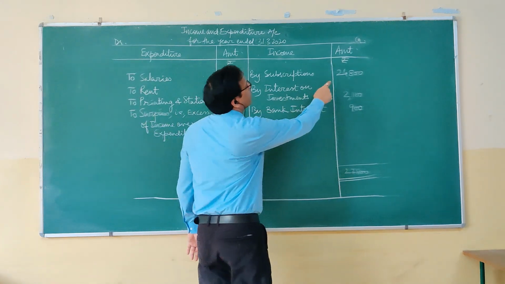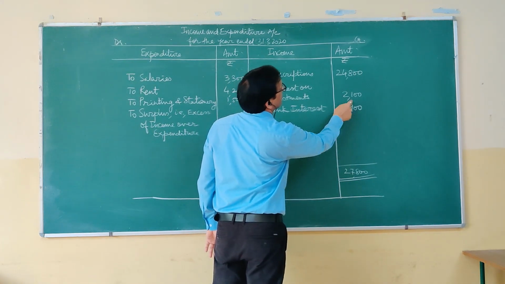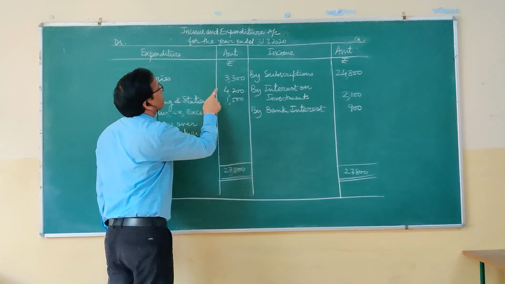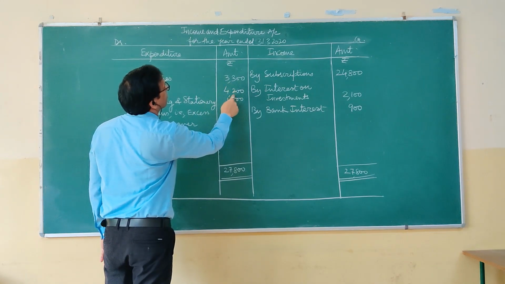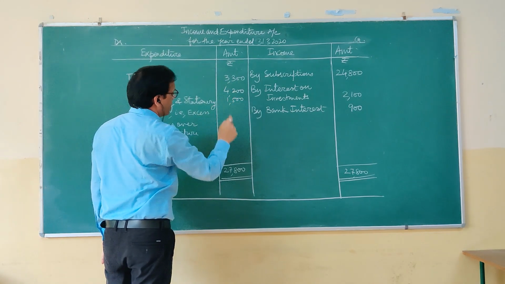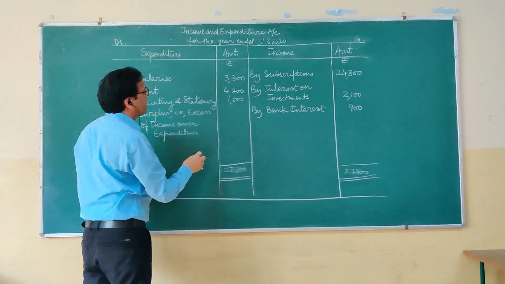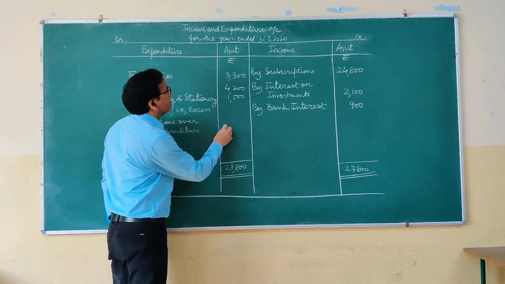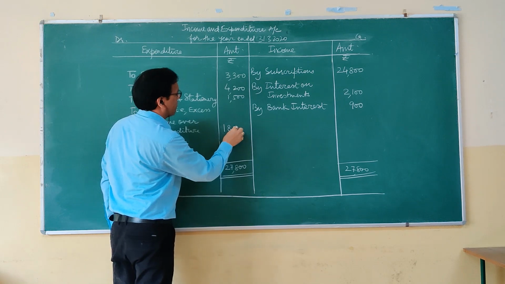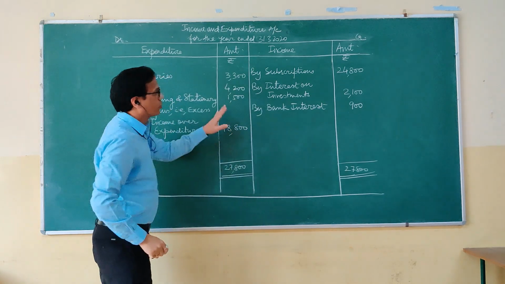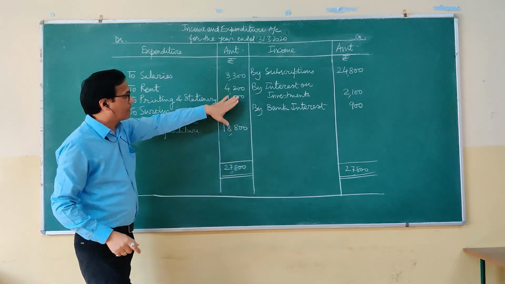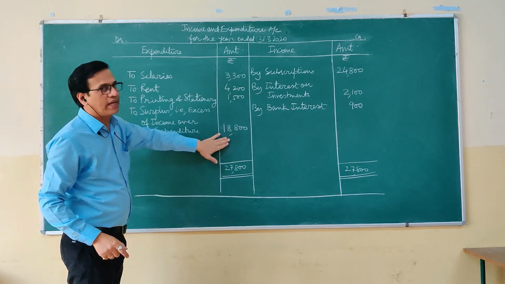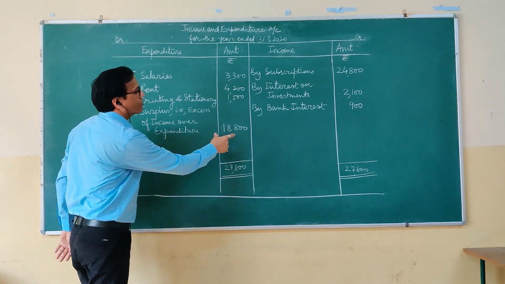So here 24 plus 2, 26, 27,800, and on this side 9,000. So 27,800 minus 9,000 is our 18,800. So this is our surplus.